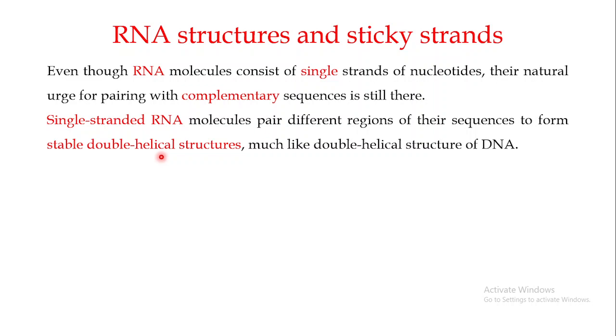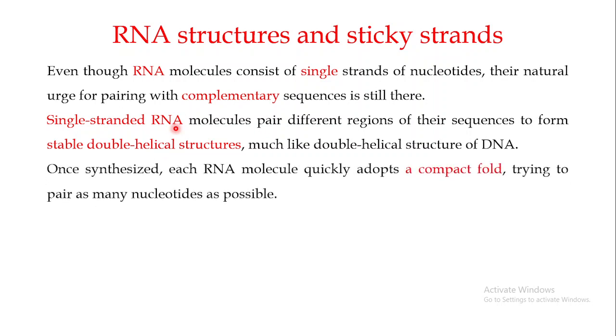Why these stable double helical structures are required for these single-stranded RNA molecules will be clear in a while. So once these single-stranded RNAs are synthesized, each RNA molecule quickly adopts a compact fold, trying to pair as many nucleotides as possible to get a stable double helical structure.